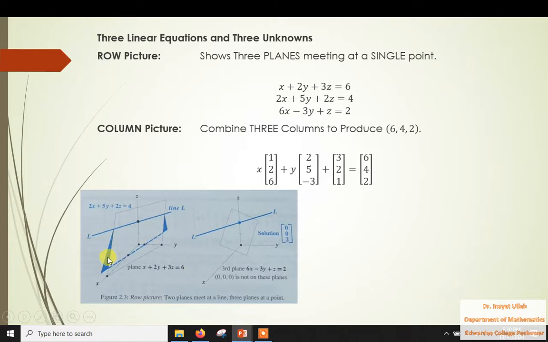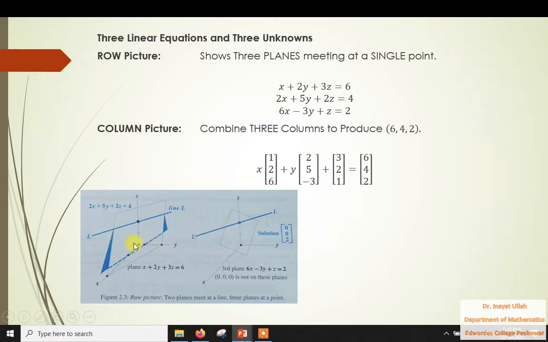So the intersection of two planes is actually a straight line, and whenever a third plane is introduced, that third plane will intersect this line of intersection of these two planes at a single point.